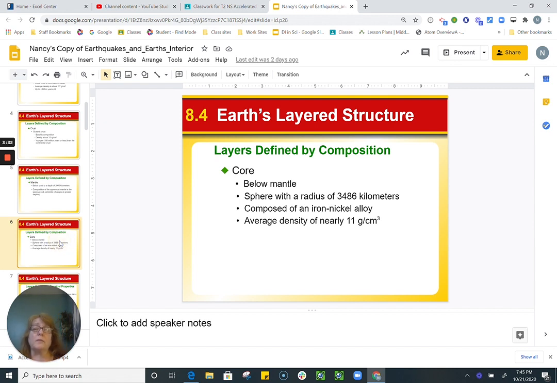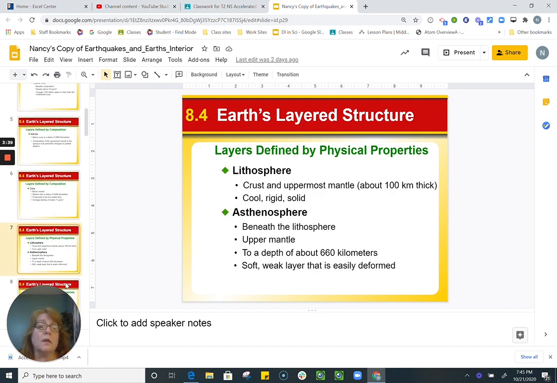Now, if we talk about the crust in terms of how it can move, so to speak, that is a physical property of it. So based upon some of the movement of the plates, they're going to define it.